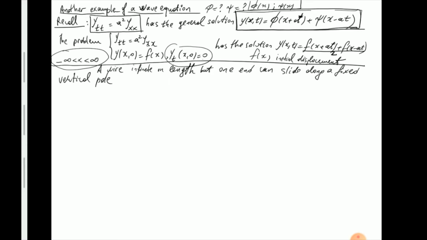So in the sense that it's still infinite in length, but there is a boundary at one of the endpoints, at one point of this wire.